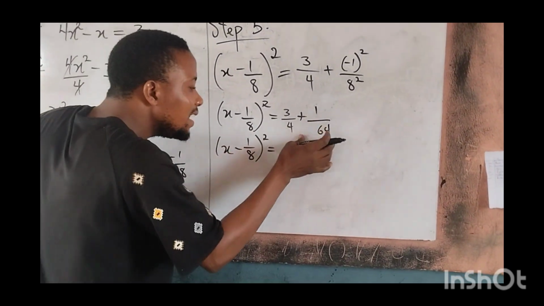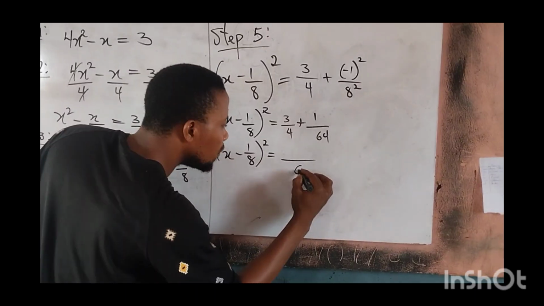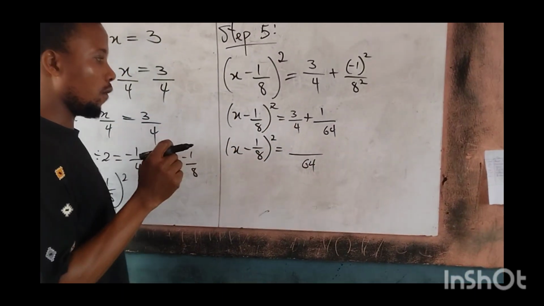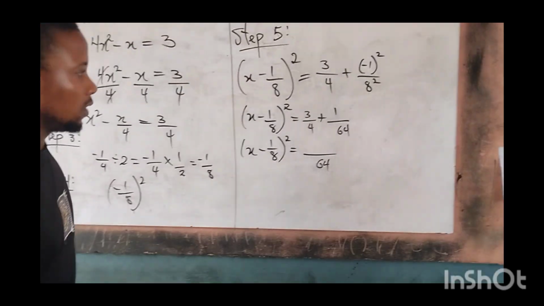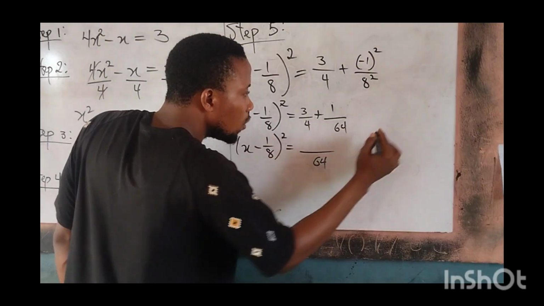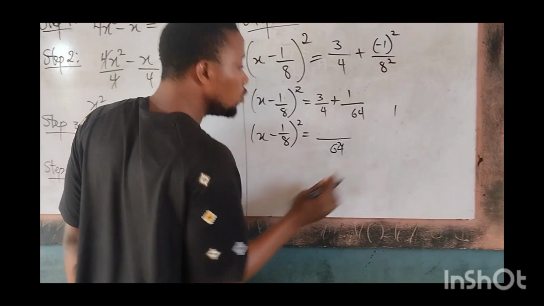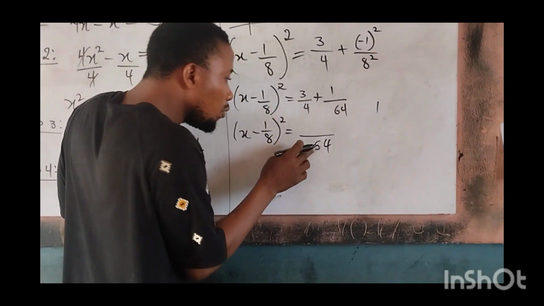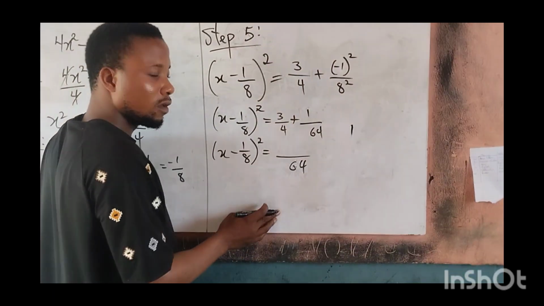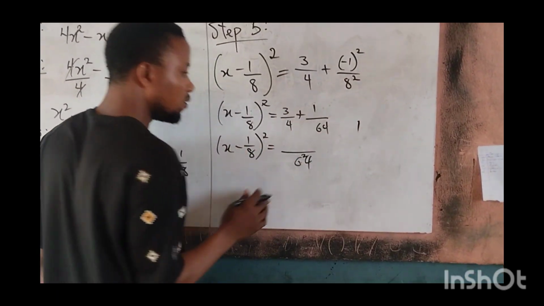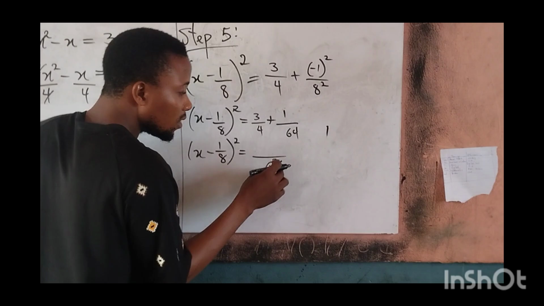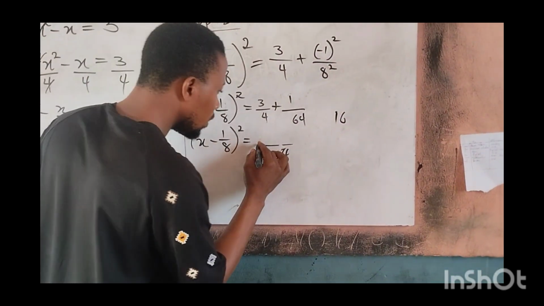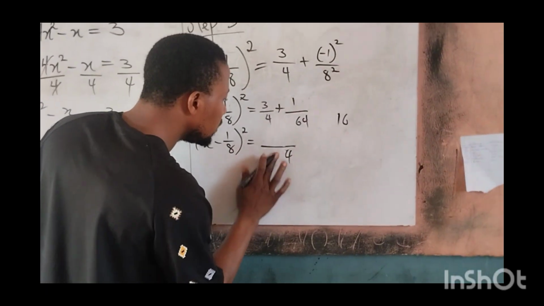From here, I can find the LCM, which is 64. 4 divided by 64 will give you 16, so 16 times 3.